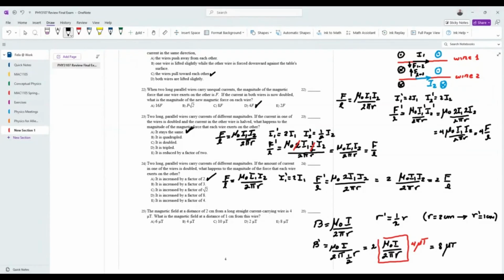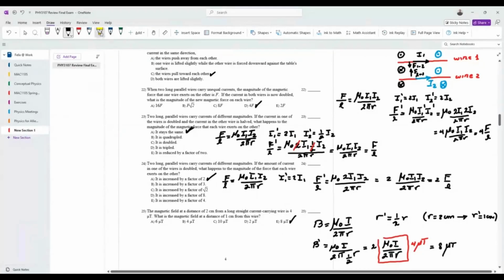So when you reduce the distance by a factor of 1 over 2, you double the magnitude of the magnetic field. The new magnetic field is 2 times the original magnetic field at 2 centimeters. So the right answer here is 8 microtesla.